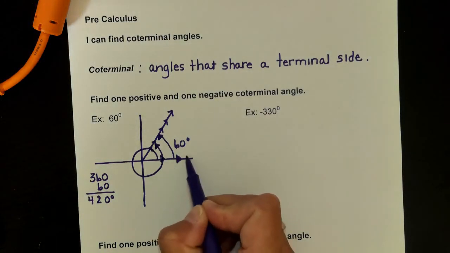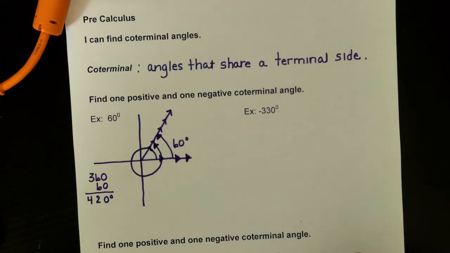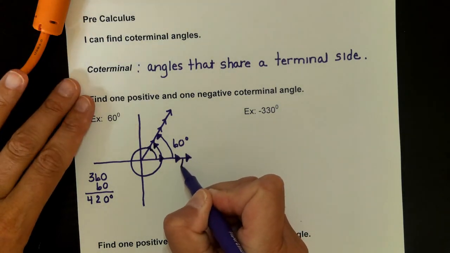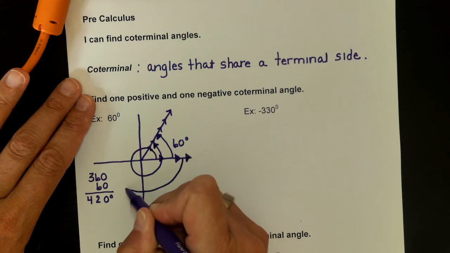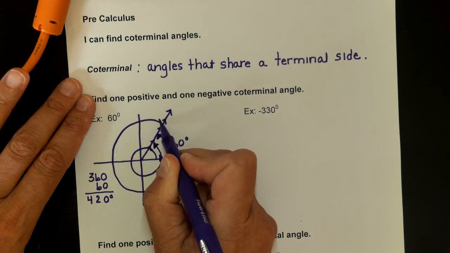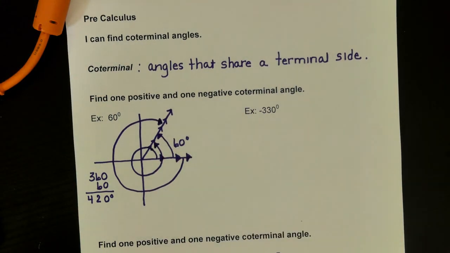Again, start on the positive x-axis. If I'm going to find a negative, that means I need to go down. So I'm going to go down until I hit the terminal side. Right there. Now, trying to find that measure, you can do it a couple ways.